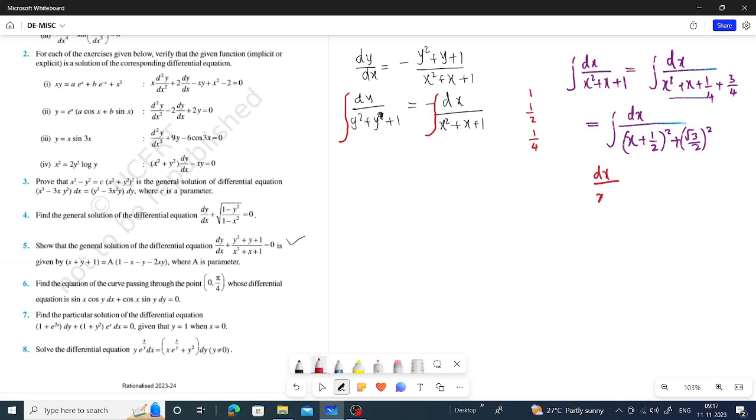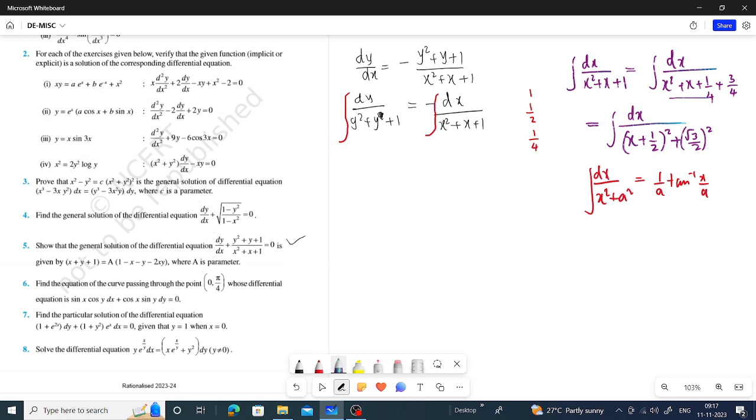This form we get, which is equal to the formula: 1 by a tan inverse x by a.